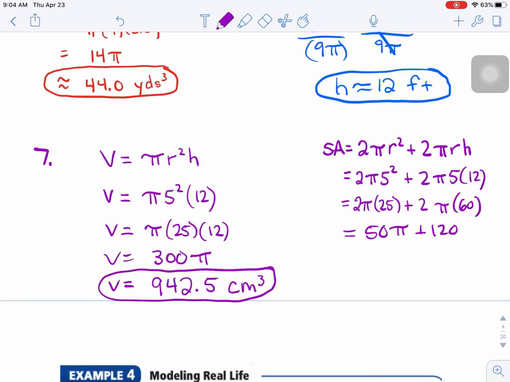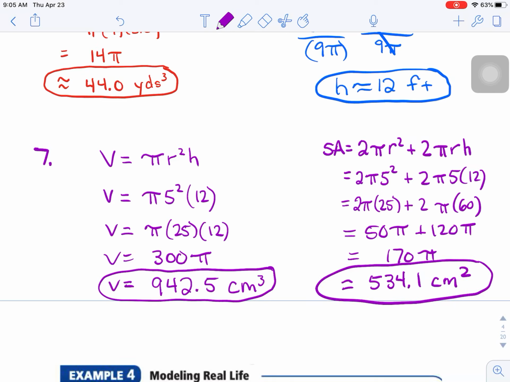That would be 120 pi. So we would have a total of 170 pi, which would be about 534.1 centimeters squared. Remember, area is always in units squared.